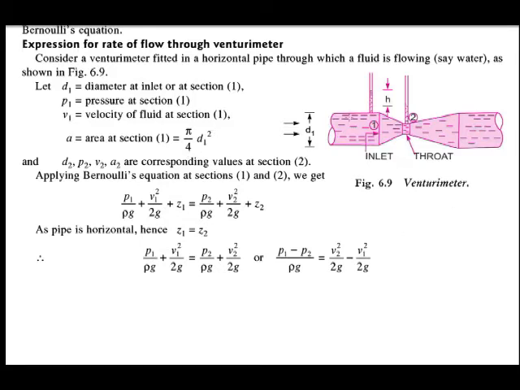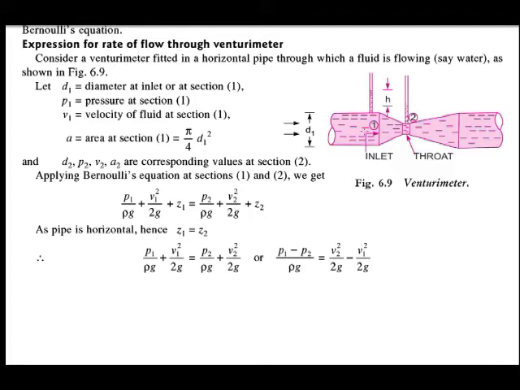So this is all about section 1. Then section 2 is the throat section. For this section, the diameter is d2, velocity v2, pressure p2, and the area of section 2 is a2. So all these are for section 2.